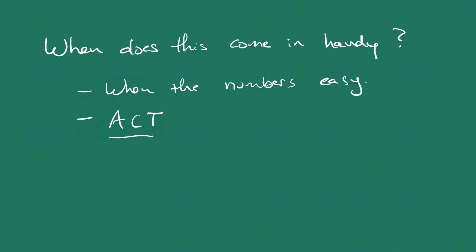Does this happen in the real world a lot? Not really, no. So really outside of testing situations with standardized testing, or when you're doing homework where the problems are intentionally made easy to do this, that's where this trick comes in handy. It's a time-saving formula in those situations.